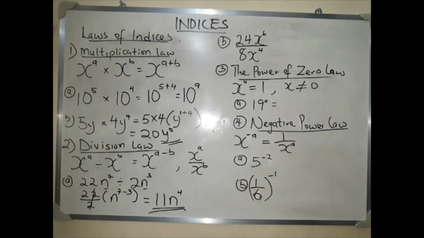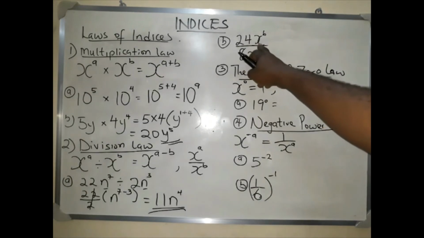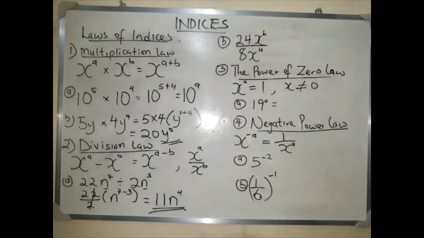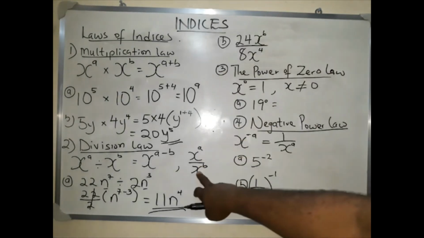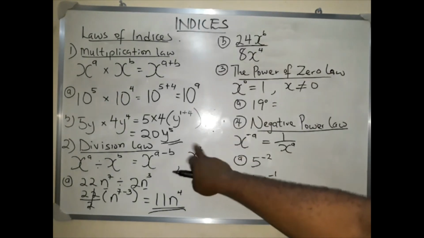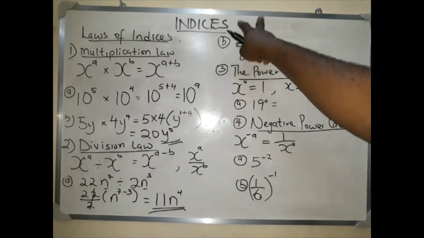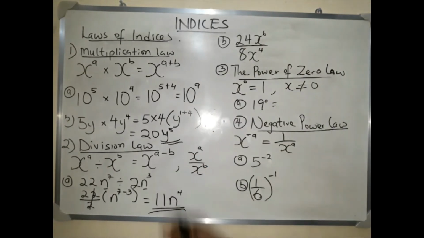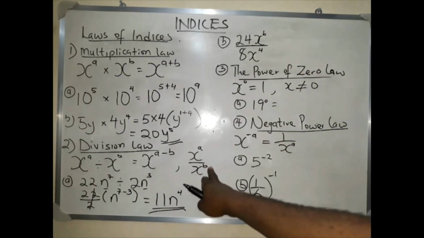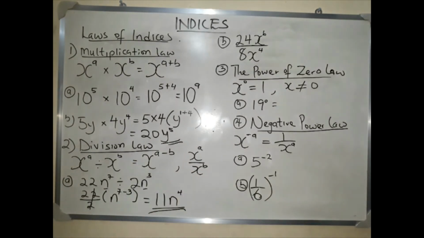Now let's look at another question, which is simplify 24x raised to the power 6 all over 8x raised to the power 4. Now you can see this has the same look as this expression. You can see this is over this, which is what I have here. So it's still following the division law. So what do you do in this case?